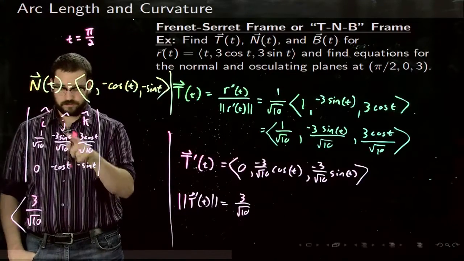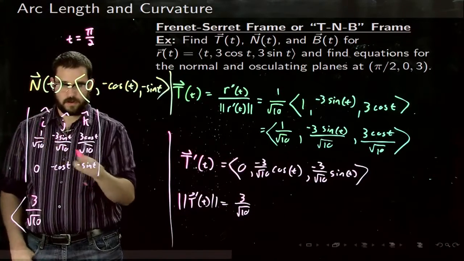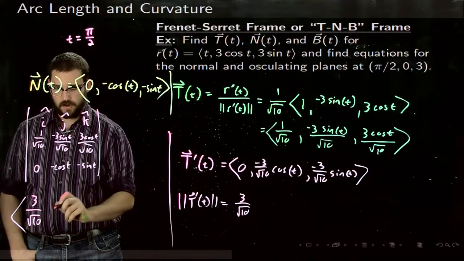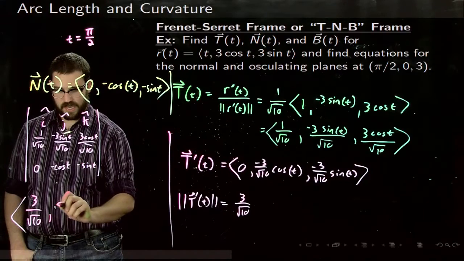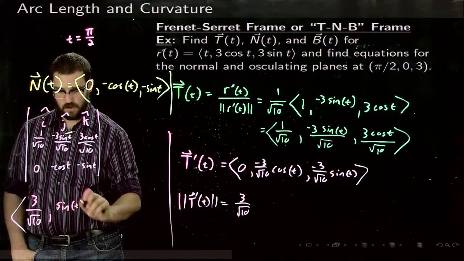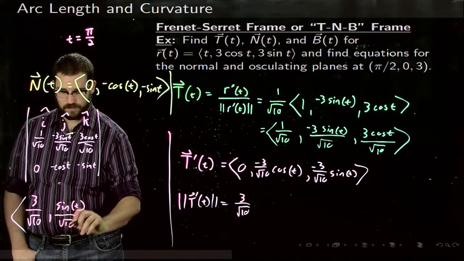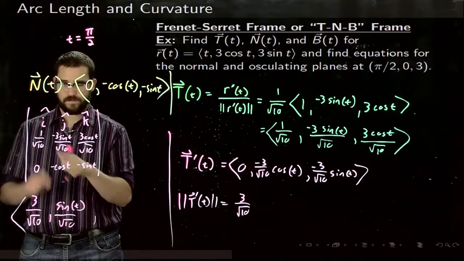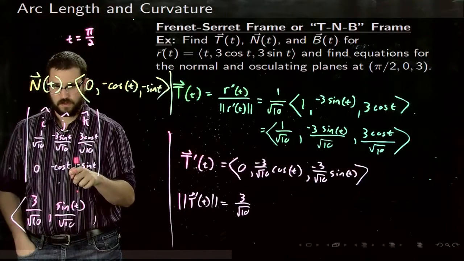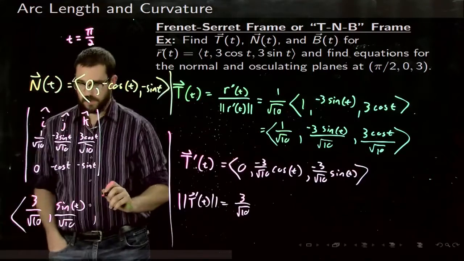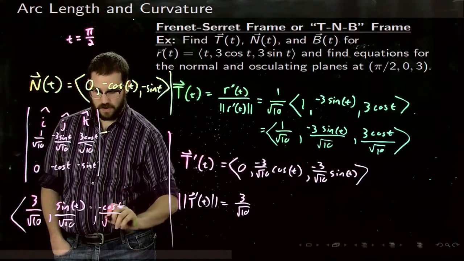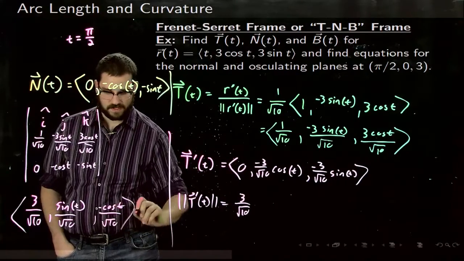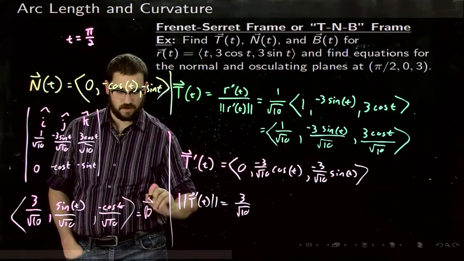For j, we have a negative and the 0 there, so we get plus sine of t over the square root of 10. And for k, we get our negative cosine of t all over the square root of 10. And this is going to be our B of t.